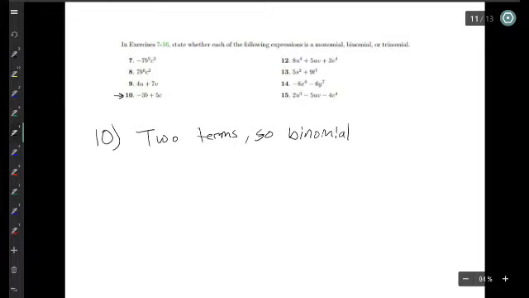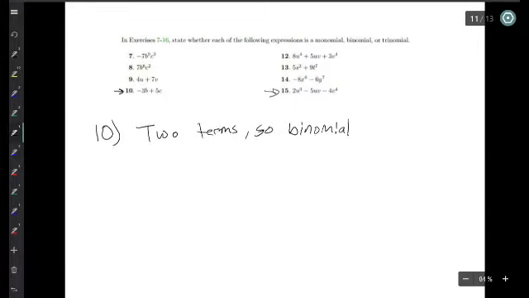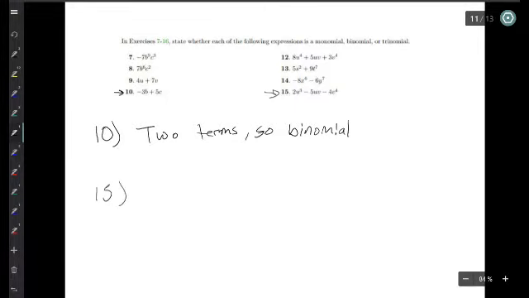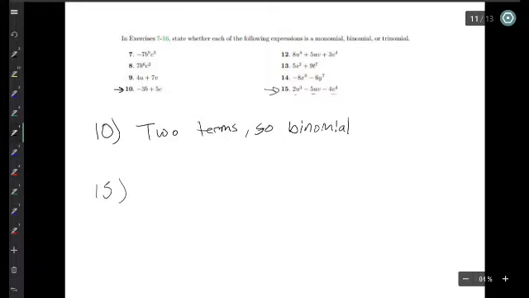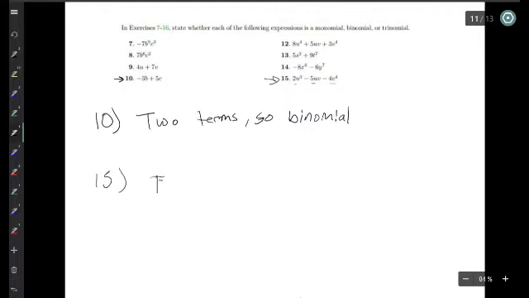Let's not do 13 and do 15 instead. And here we have three terms, three things separated by plus or minus signs. So trinomial.